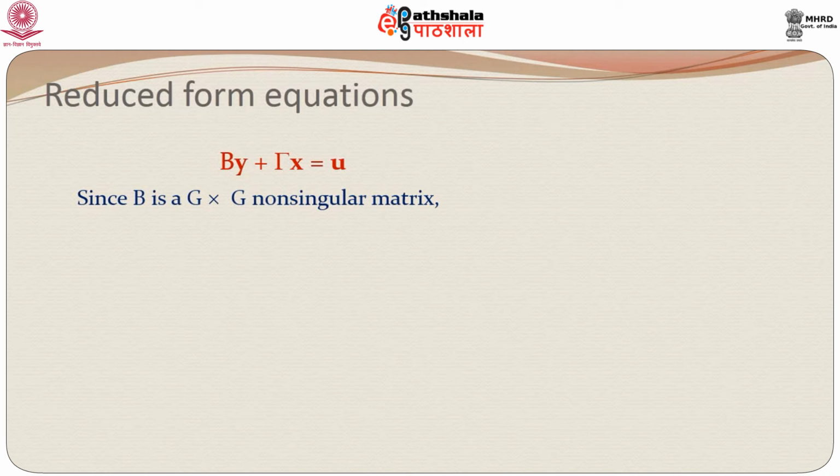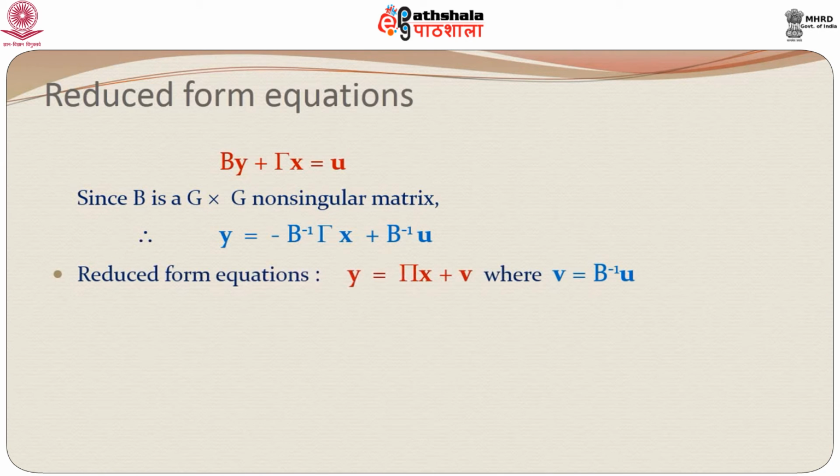So, we can always invert this B, and hence we can write y is equal to minus B inverse Gamma x plus B inverse u. Once we do this, we have the reduced form equations. We write y equal to Pi x plus v, where of course v is the second term on the right hand side, B inverse u.